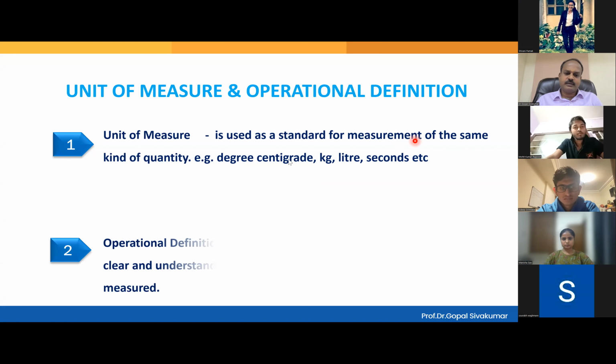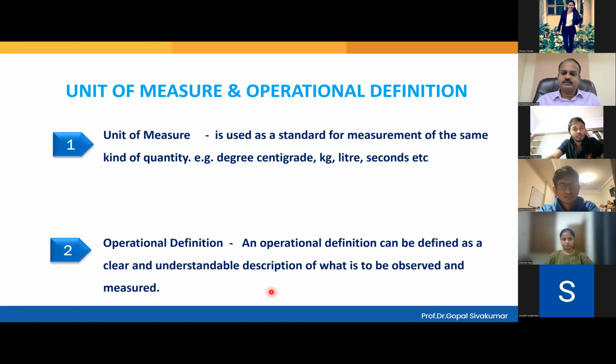Sir, for an example, if I'm getting a delivery from a milk van, I will be collecting data like the temperature in degrees Celsius, the liters of milk, and the time.